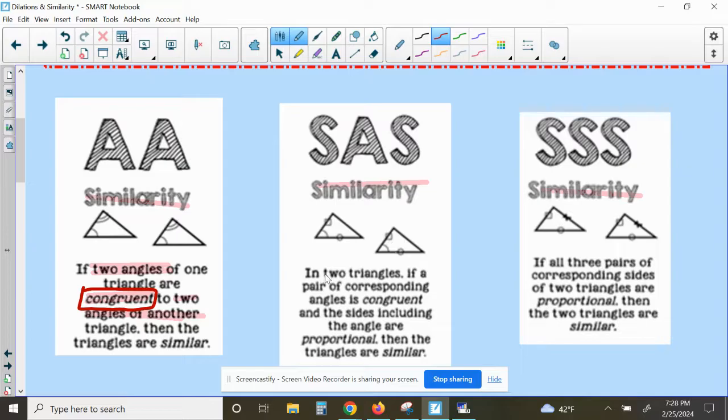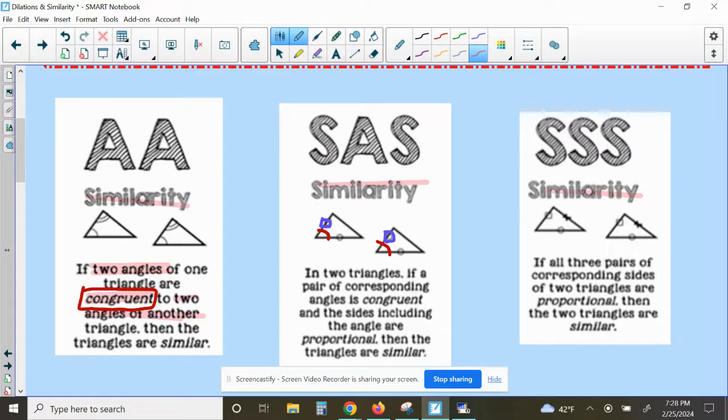The next way is if you have two triangles, if a pair of corresponding angles is congruent. So we have one angle, like this guy, congruent to this guy. And then we have sides that are going to be proportional. So, for example, this side right here, you could put over this side, right, as a fraction.